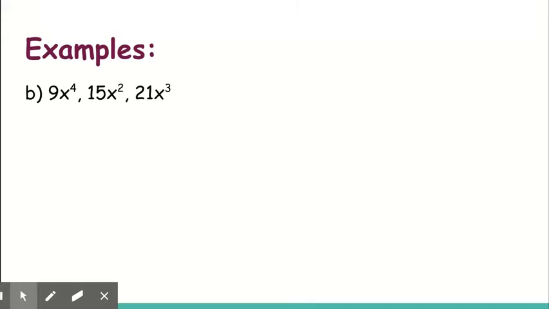So now we're going to be actually putting the variables into the problems too. So I have 9x to the power 4, 15x squared, and 21x cubed. So we want to divide it by a number that each one of them divides, and then we need to make sure it's the greatest common factor.